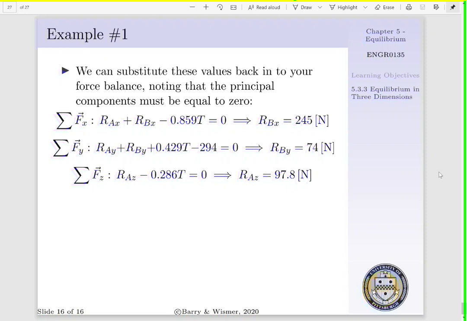For the summation of forces in our y direction, we'd have RAY plus RBY plus 0.429T minus 294 is equal to 0. Since we have RAY and T, we can solve for RBY being equal to 74 newtons. Lastly, the summation of forces in the z direction states RAZ minus 0.286T is equal to 0, or RAZ is equal to 97.8 newtons.